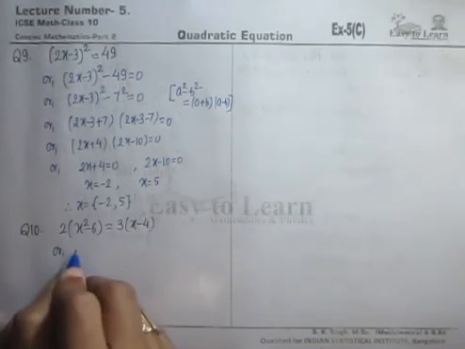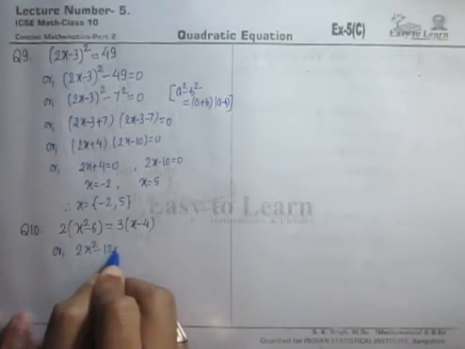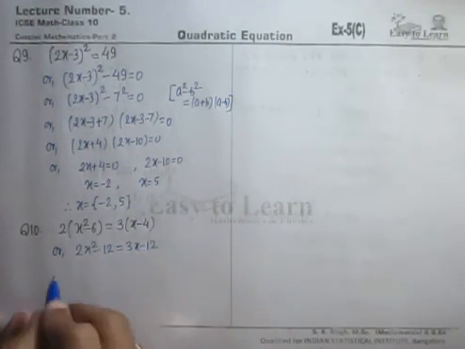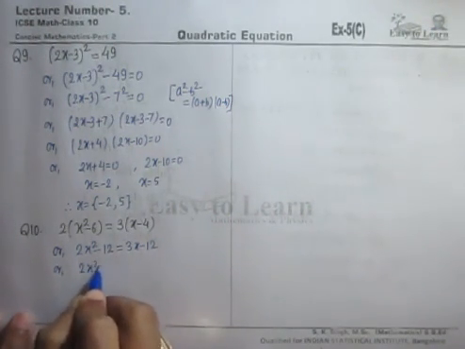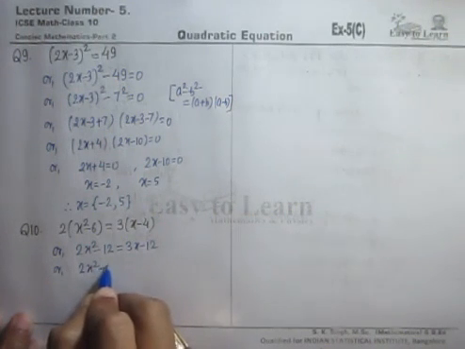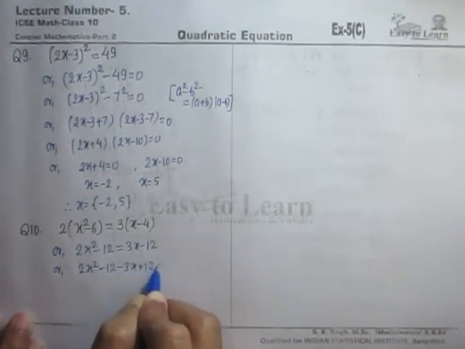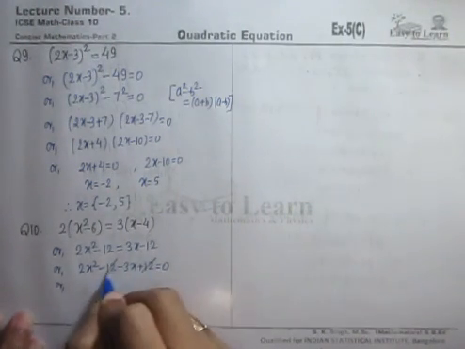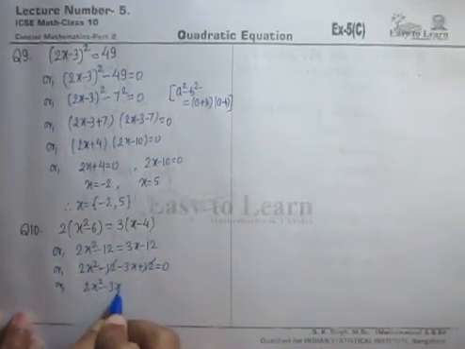So this can be written as 2x square minus 12 is equal to 3x minus 12, or it can be written as 2x square, shifting all the terms to the left side, minus 3x plus 12 equal to 0. You know the shifting rule. Now this 12 cancels, so we are getting 2x square minus 3x is equal to 0.